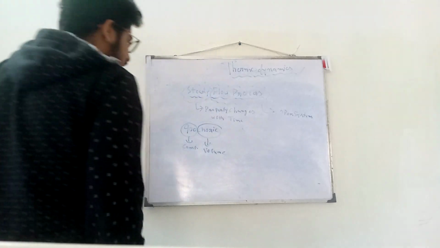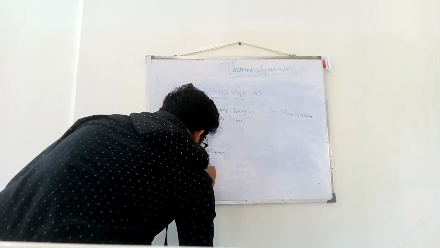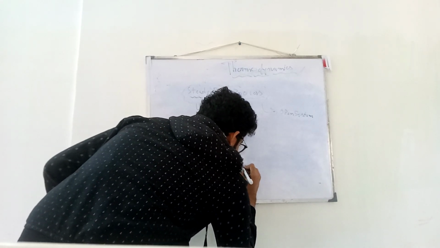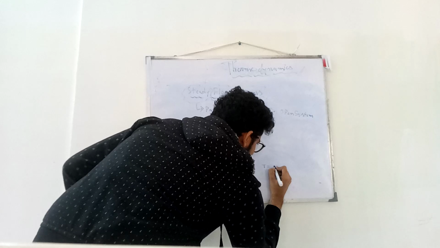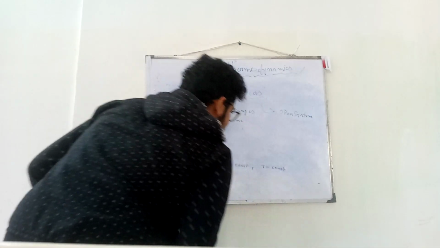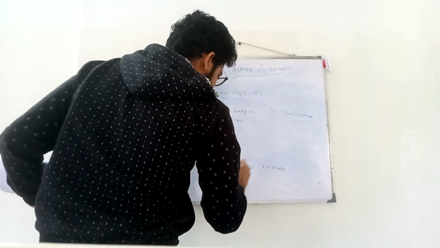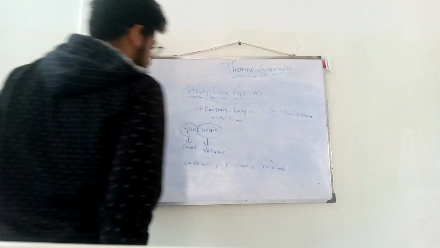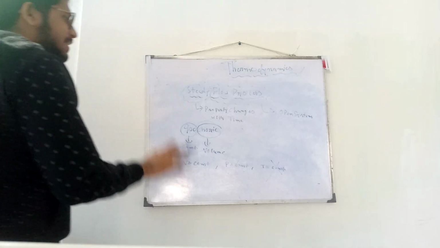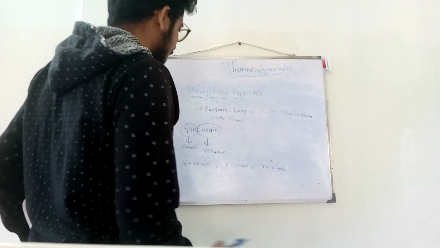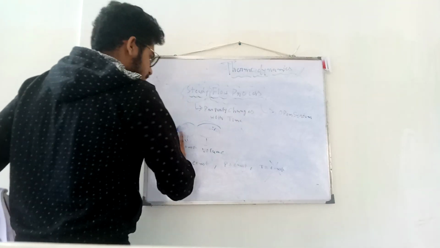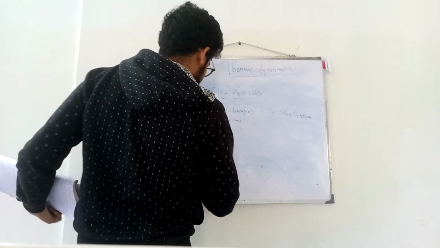That means volume will be constant but pressure and temperature will not be constant, only volume will be constant. So these are the three thermodynamic processes. Okay, so note it down.